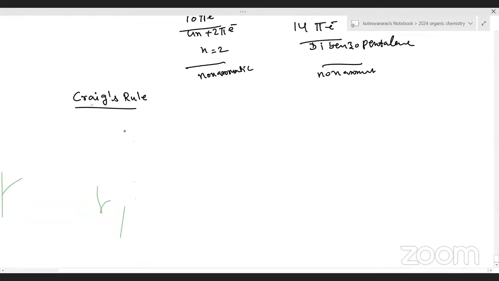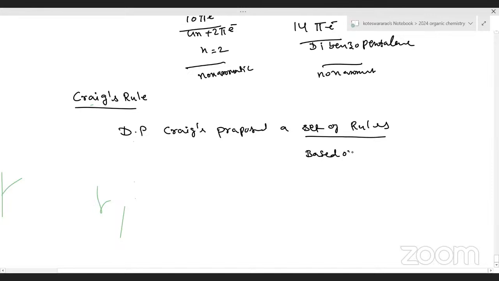D.P. Craig is the scientist who proposed a set of rules based on valence bond and other calculations. The set of rules are framed based on valence bond and other calculations.